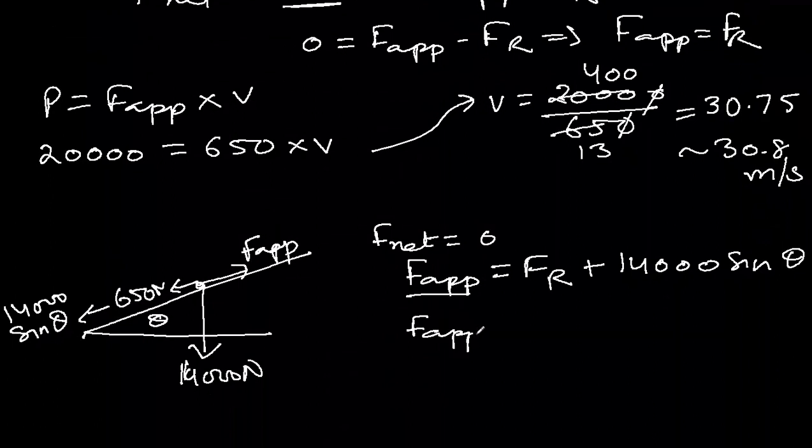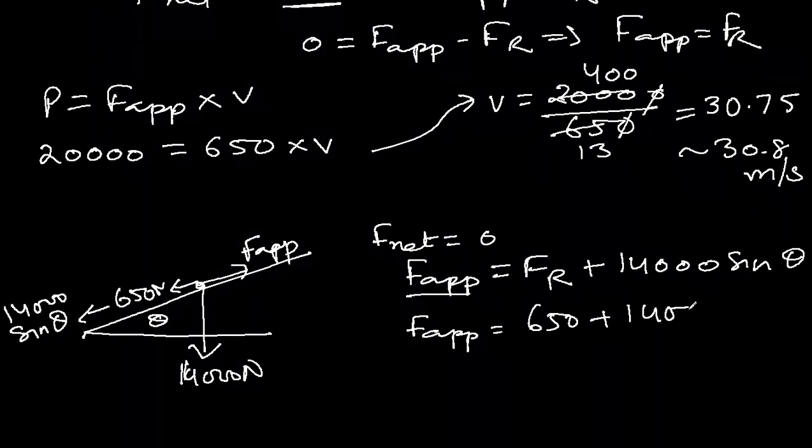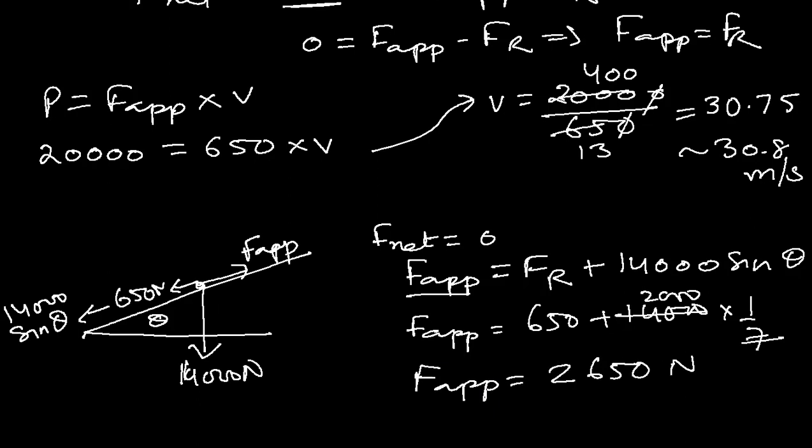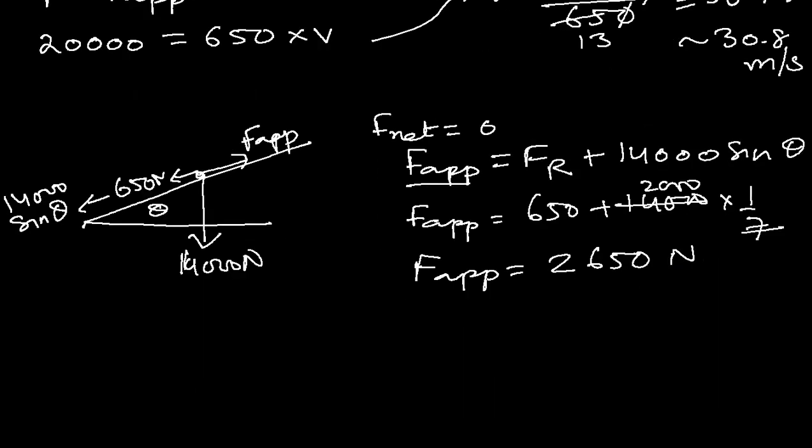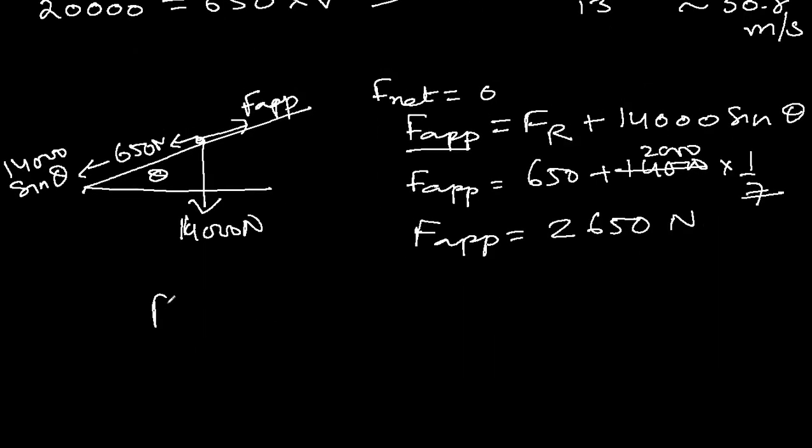So force applied will be 650 plus 1,400 times 1/7. 7 can cancel, giving 2000. So applied force equals 2650 newtons.